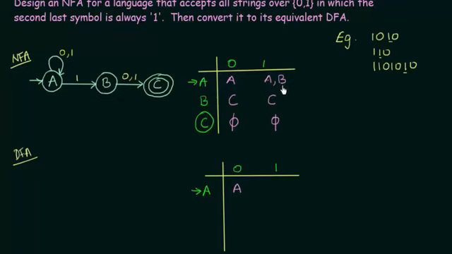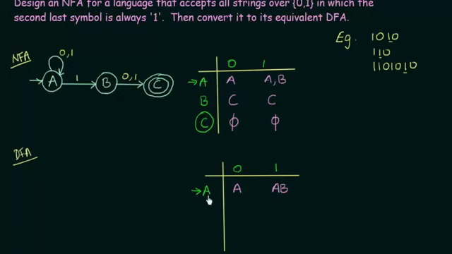In NFA, two states are possible, but in DFA, two states are not possible. We can set it to only one state. So we will combine these two states, A, B, and make it a single state, which I will call state AB. Now looking at this row, we have to decide what should be the next state. Here we see that the only states reachable from this row are A and AB.